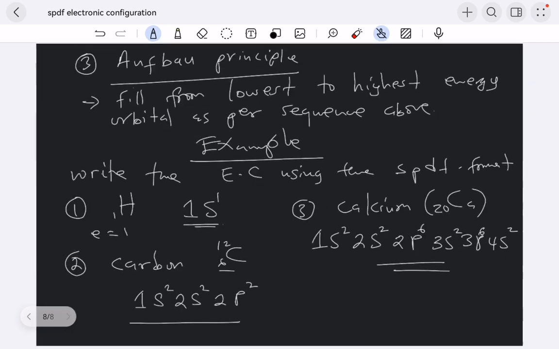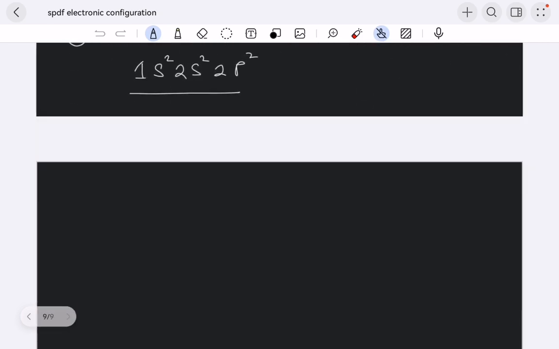So let me give another example. This is D. So A, B, C, D.